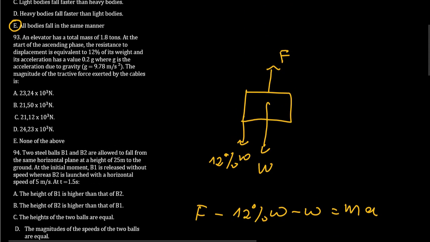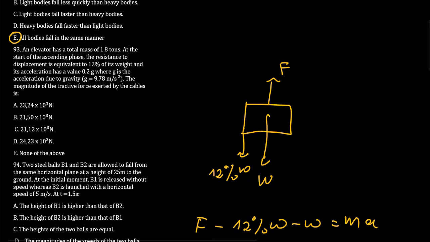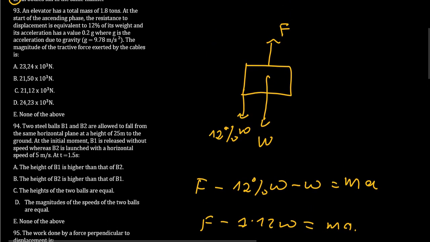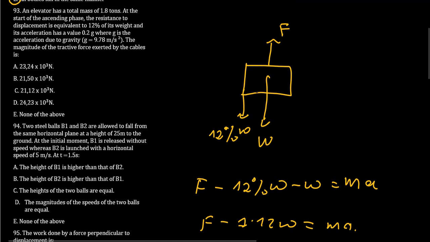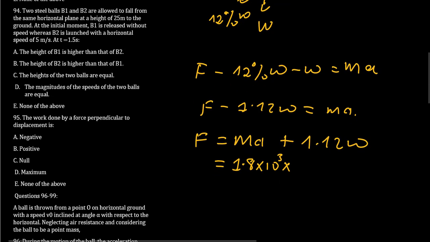The total mass of the elevator is 1.8 tons. So I get 1.8 times 10 to the power 3 kilograms times the acceleration. The acceleration is 0.2 g, so that will be 0.2 times 9.78, plus 1.12 times the weight.